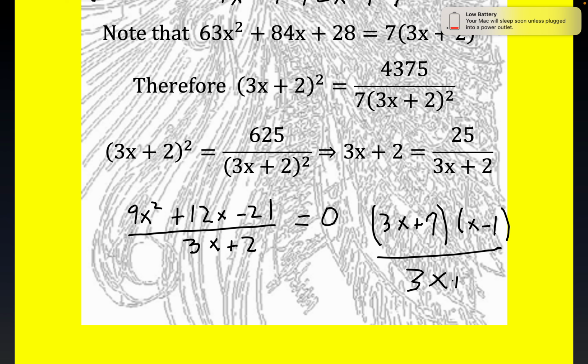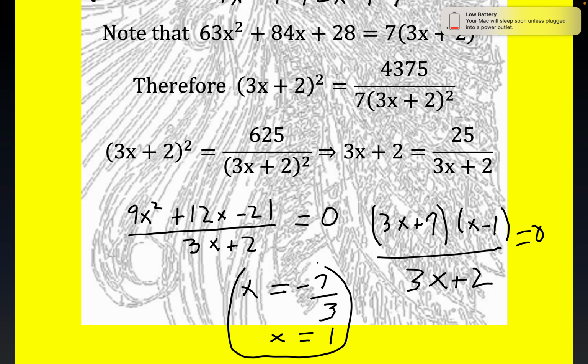And by inspection here, you can see that the two solutions are x equal to minus 7/3 and x equals 1. That does it. Those are the two real solutions. Both of them are rational numbers, but x equals minus 7/3, x equals 1 are the solutions to the original.